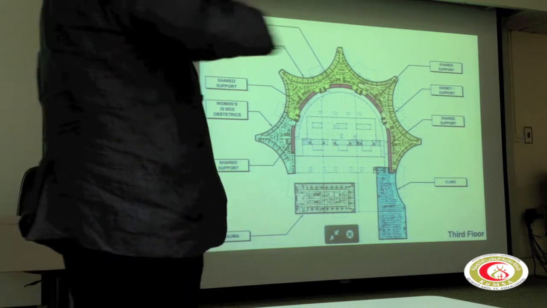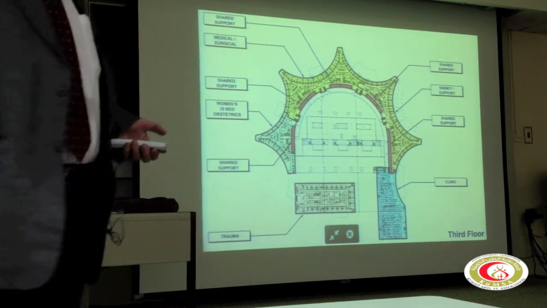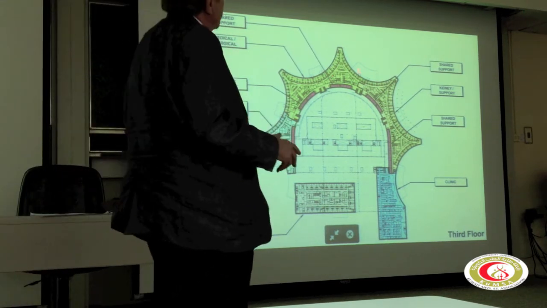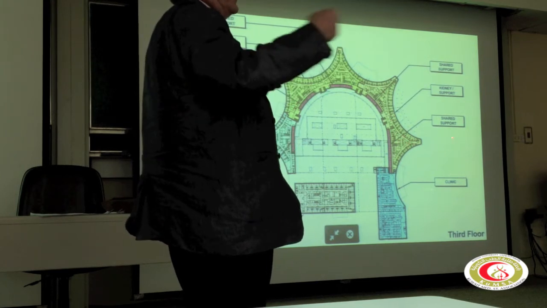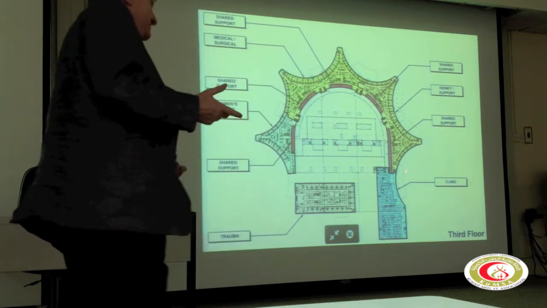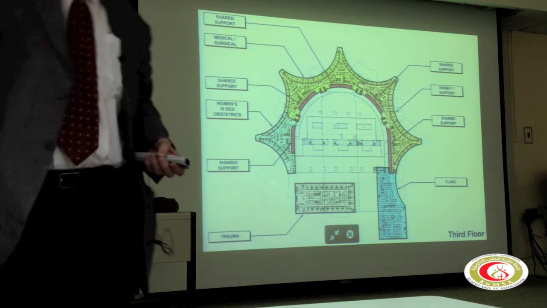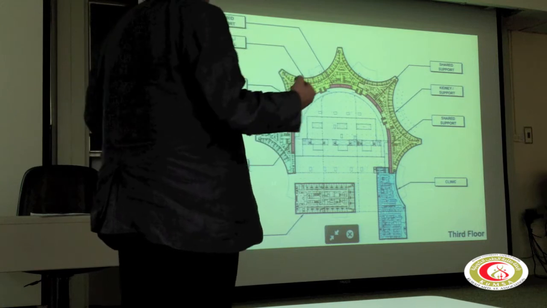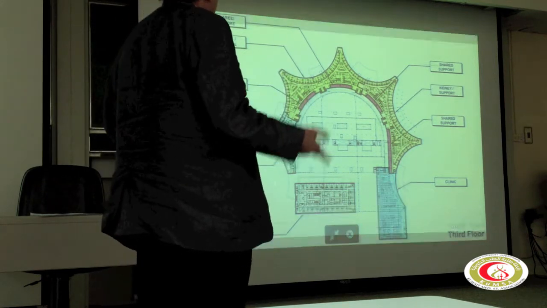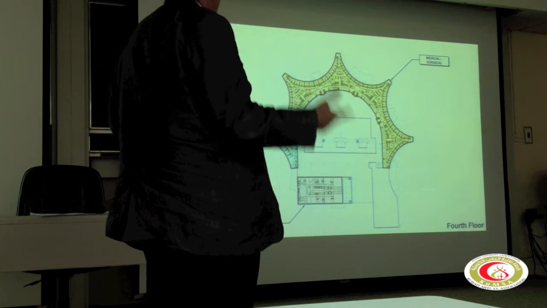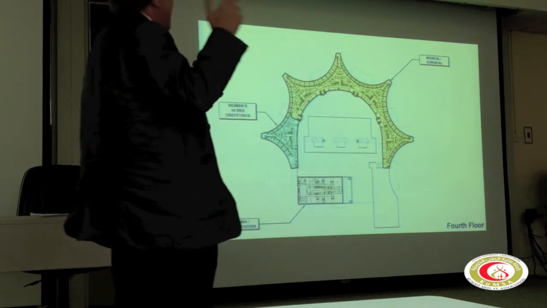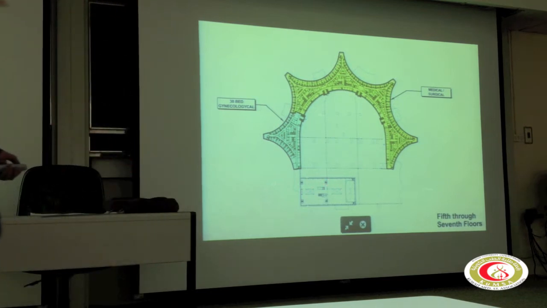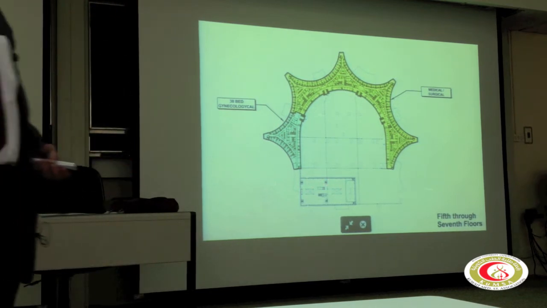These wards will change in function as the profile of your patients change in that hospital. The wards are identical in function and they can be swapped around either way. They also contain positive isolation rooms, negative isolation rooms, so that you can in fact treat the various problems that you will have. As you move up the building, you will see the same thing happening on the 4th floor, 5th floor, etc.